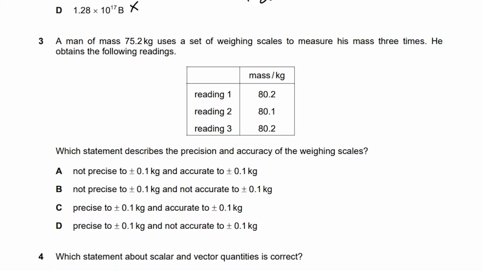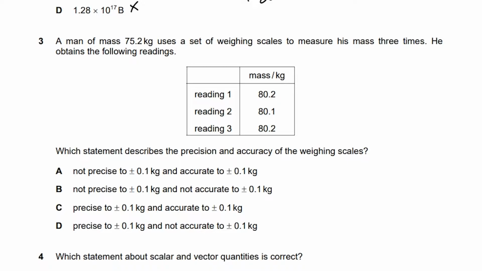What I'm trying to say is that precision means that the individual readings must be close to the average of those readings. So if the average of these readings is 80.15 or 80.16, these readings must be close to each other.